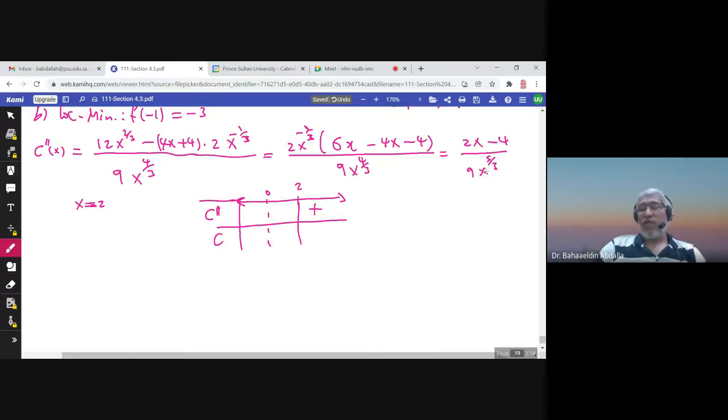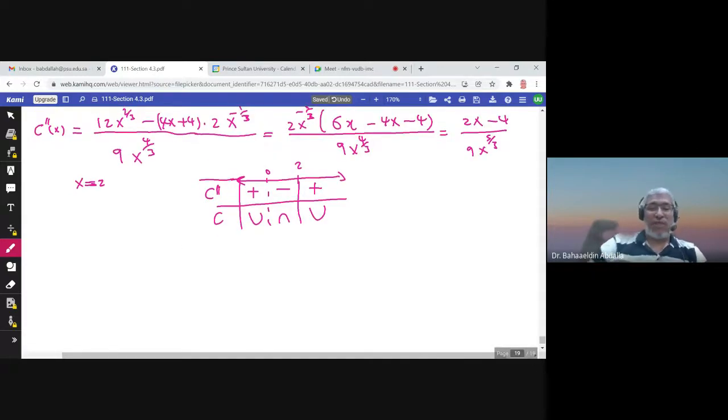If I choose 1, the numerator would be negative. The denominator would be positive. If I choose negative 1, the denominator is negative. Negative 1 to the power 5 would be negative. The numerator is negative, so it would be positive here. So here it's concave up, concave down, concave up.